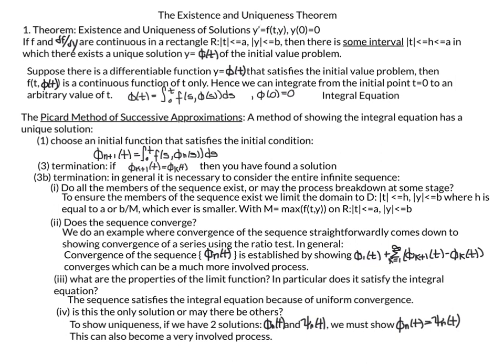There are some conditions for termination, and I will say that the Picard method of successive approximation is not difficult. It's very much plug and chug into the formulas, so that'll go pretty quickly. But there are some questions about this method that involve a number of proofs, which, to be quite honest, are beyond the scope of this course.